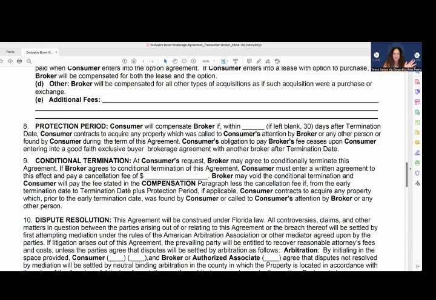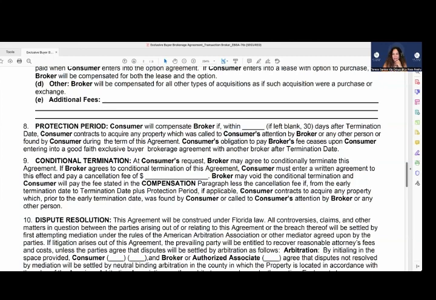And consumer will pay the fee stated in the compensation paragraph less the cancellation fee if, from the early termination date, meaning the conditional termination date, plus the protection period, plus the 30, 60, 90 days you put in here, if applicable, consumer contracts to acquire any property which prior to the early termination date was found by consumer or called to consumer's attention. So this is protecting you guys.